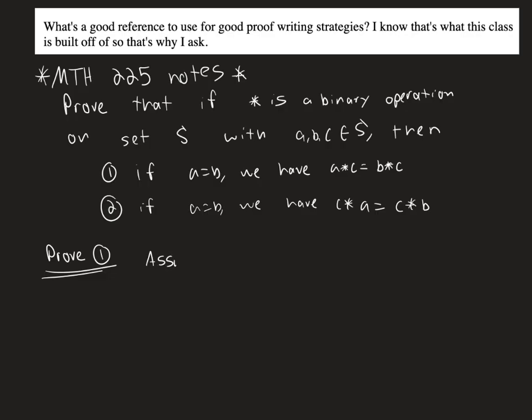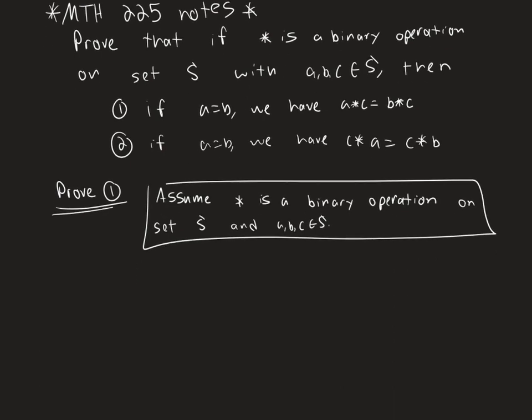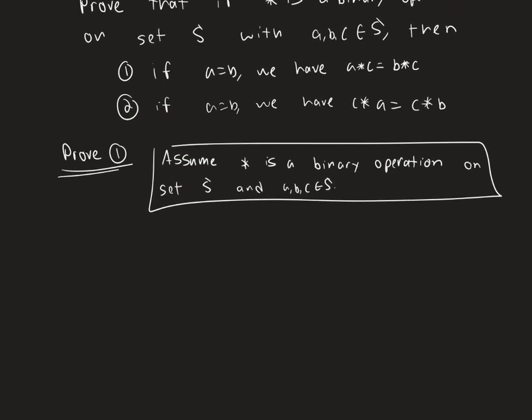We're going to assume star is a binary operation on set S, and A, B, C are in S. This is essentially the first sentence. Great, there's our statement. Now, what facts can we draw from that statement?